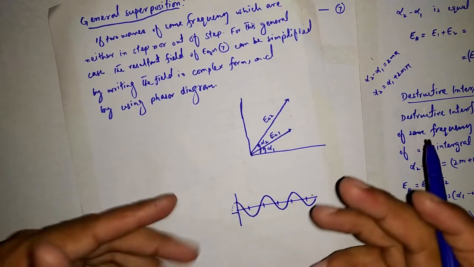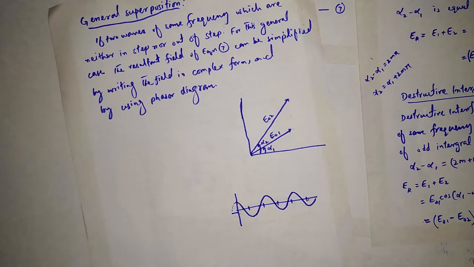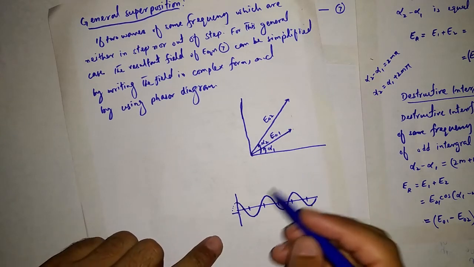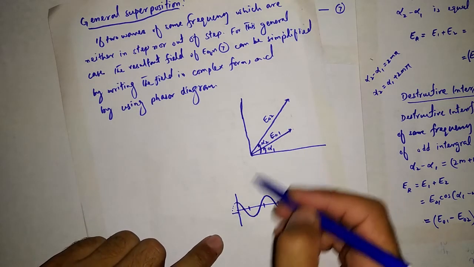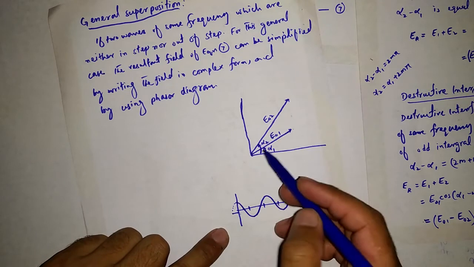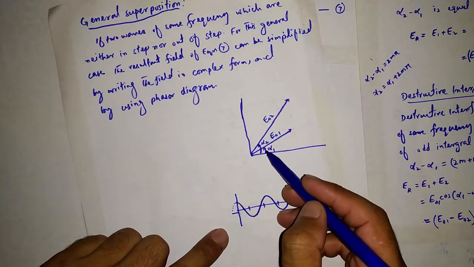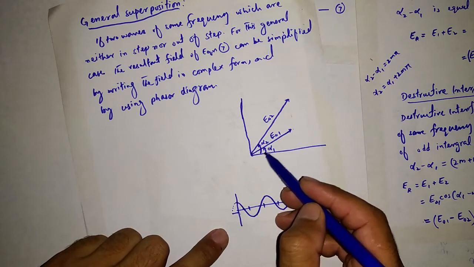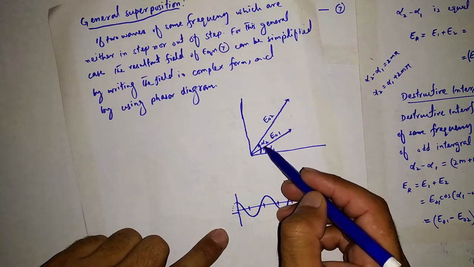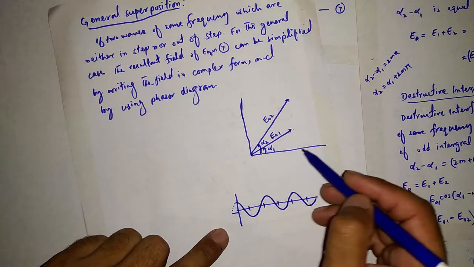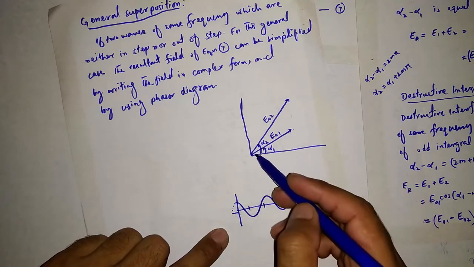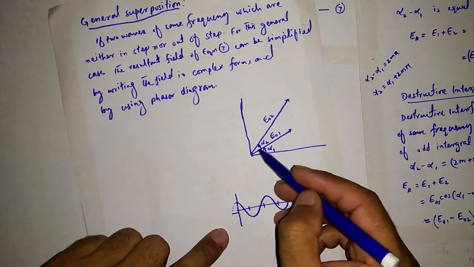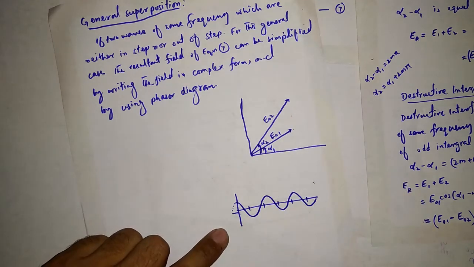It may be either 70 degrees, or 0 degrees, or any value. Clear? So the phase of the first wave, alpha 1, is given by the angle of the vector with the horizontal axis, and the amplitude of the wave is given by the length of the vector.